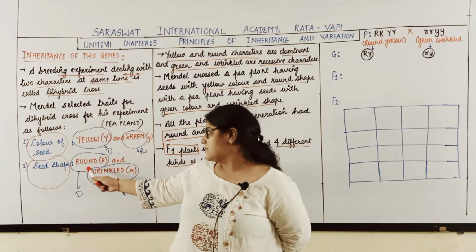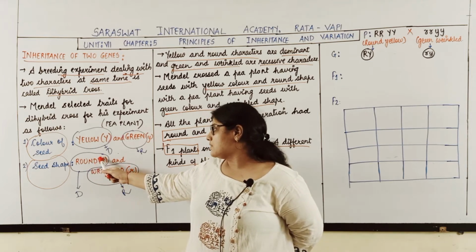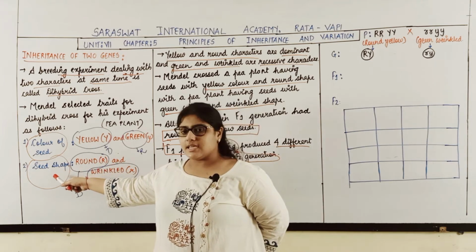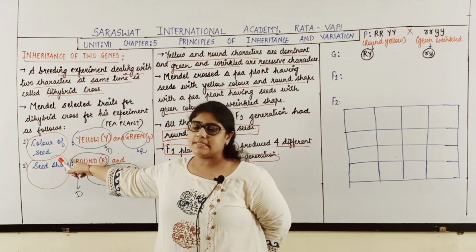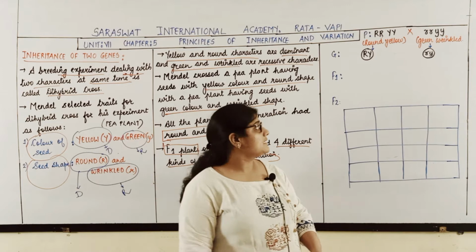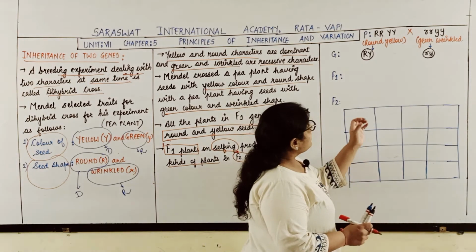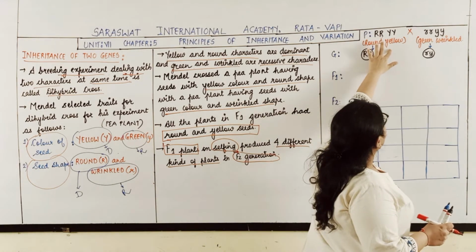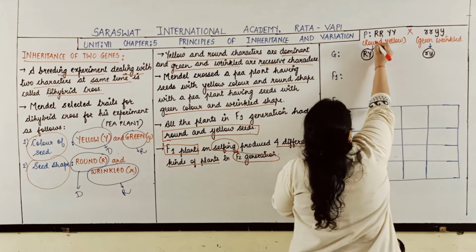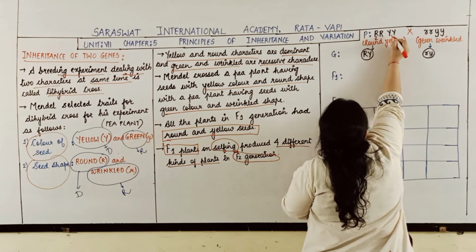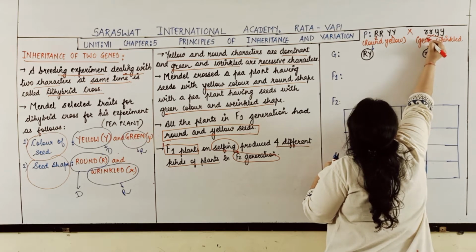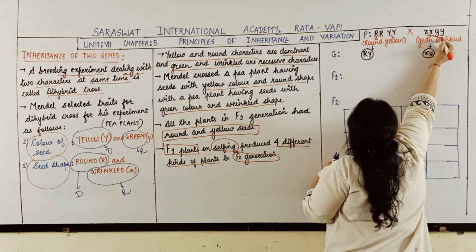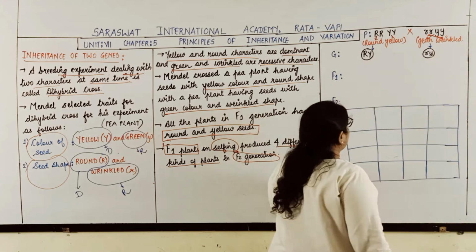Now see students, the R gene stands for the shape of the seeds, and the Y gene stands for the color of the seeds. So he crossed round, yellow with wrinkled, green.